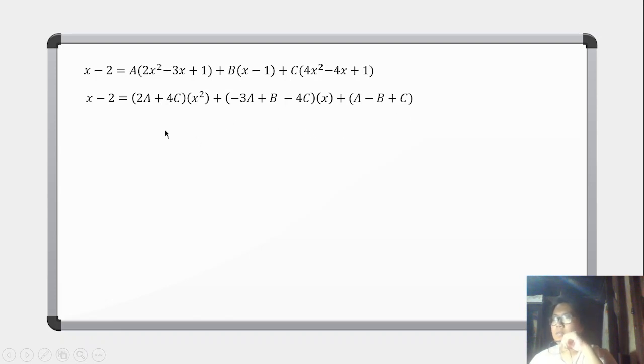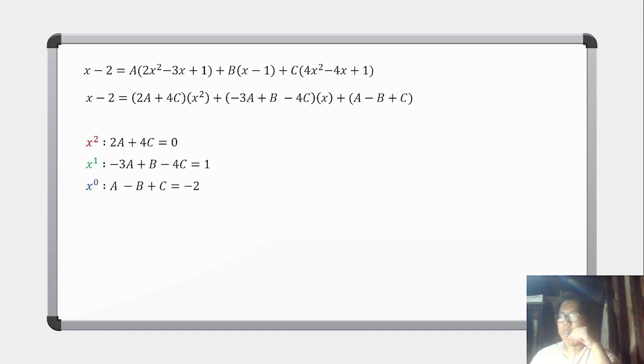And the next step is we're going to set these three terms into three different equations. For x squared, we have 2A + 4C.